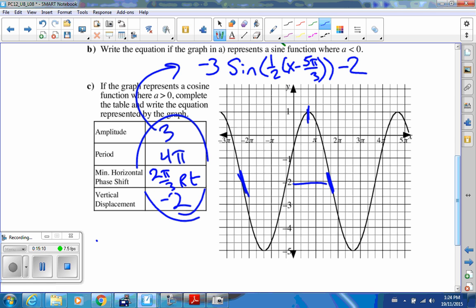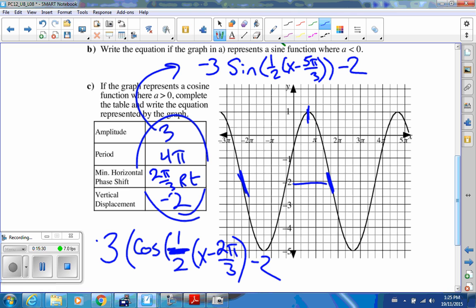And now it's going to be positive 3 cosine of, not negative, 1/2 x minus 2 pi thirds minus 2. There we go.